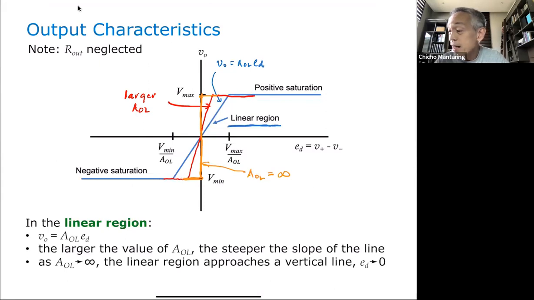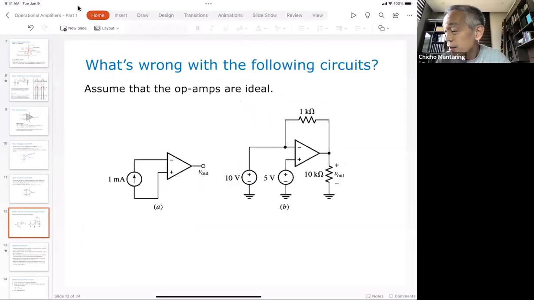And here or here, your ED can be any value, right? So in that particular example, yung ED natin would be 10 volts minus 5 volts. So that can be anywhere here, right? Or if it's negative, it can be anywhere here. Okay? 5 volts pala minus 10 volts, sorry.